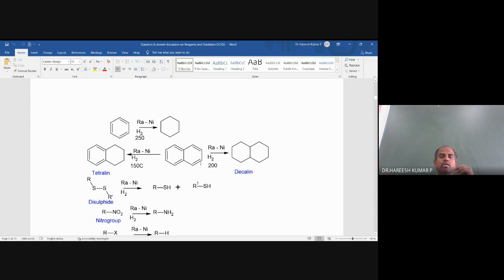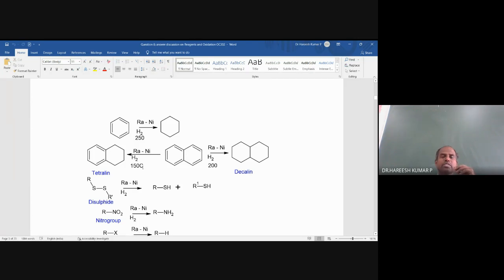This double bond is converted into saturated, this double bond is converted into saturated, then such a compound is called tetralin. So naphthalene can be converted into tetralin at low temperature.